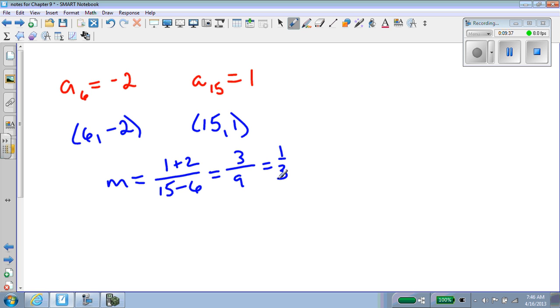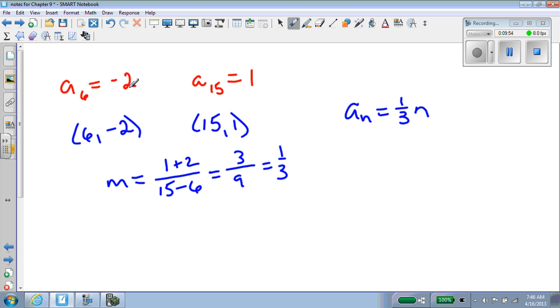So that's the common difference. A sub n is equal to 1/3 n. But I don't have my first term. I have my sixth term. So how would I find my a sub 0 term?